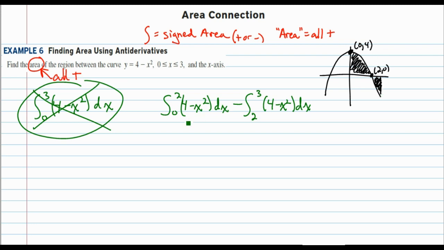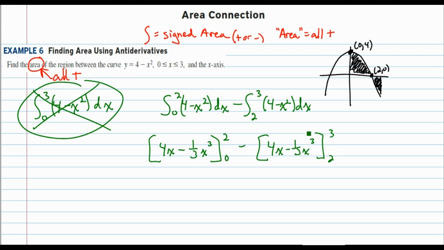All right, so for the piece above, the antiderivative will be 4x minus 1/3 x cubed, and we're going to evaluate that from 0 to 2. And then we're going to subtract the same antiderivative, 4x minus 1/3 x cubed, but this one is going to go from 2 to 3.